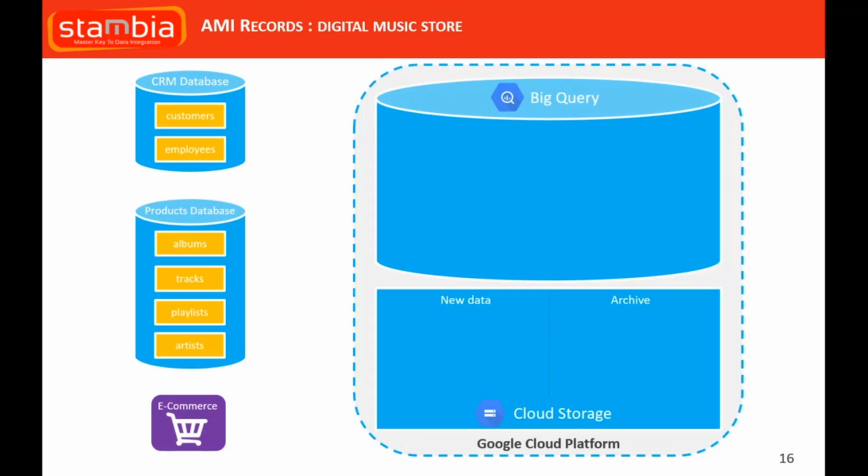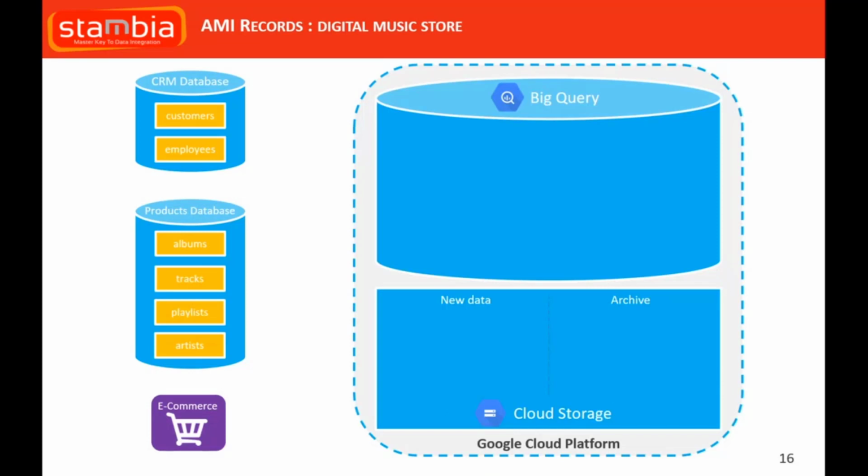What we are doing here with Stambia is some design. The designs are already made. We are just going to walk you through how simple the setup is for ingesting data from a CRM database, from a product database, from an e-commerce platform, and then how you can work with the hierarchical data inside Google BigQuery.